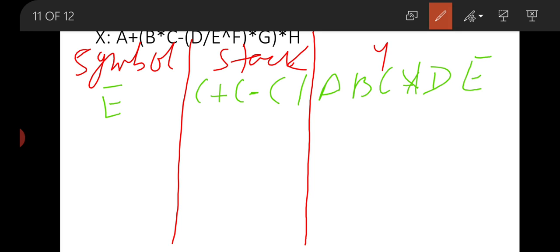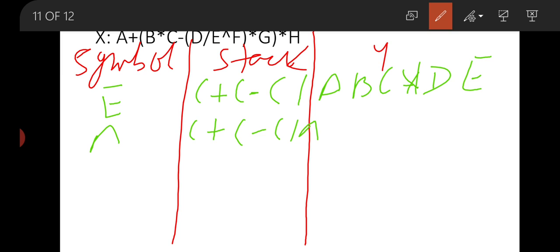Now again if we scan the symbol, we find the exponent operator. Then our stack will be parenthesis plus, parenthesis minus, parenthesis divide, and the exponent operator.